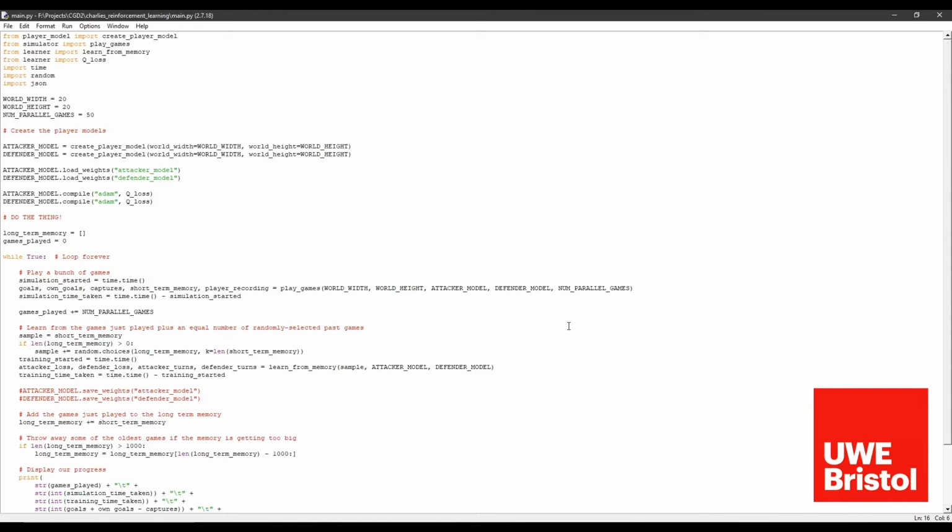And that Q-loss function is what teaches the future players exactly how to play the game and what strategies can be found through playtime.